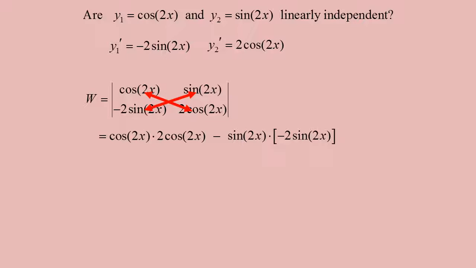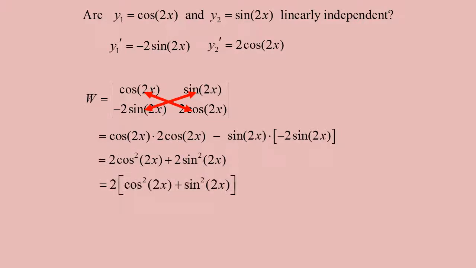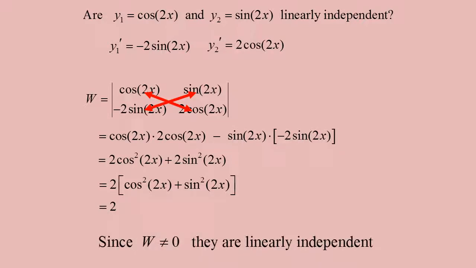Or you could type it into your calculator, as I'll show you later. So anyway, we evaluate the determinant. We come up with a 2. Now, since that is not 0, then we know that they are linearly independent. I kind of suspected they were, but now we know for certain that they are linearly independent.